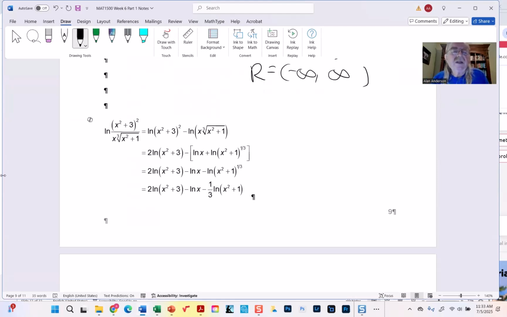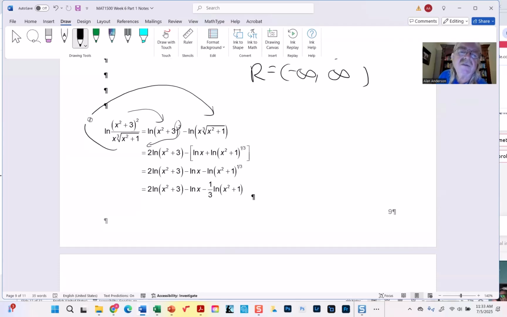So first, you can break it up in stages, which is what they've done. If you notice, we've got a ratio. So this goes in the numerator, this is the denominator, so we subtract, and then this one becomes, the exponent is 2 log of x squared plus 3.